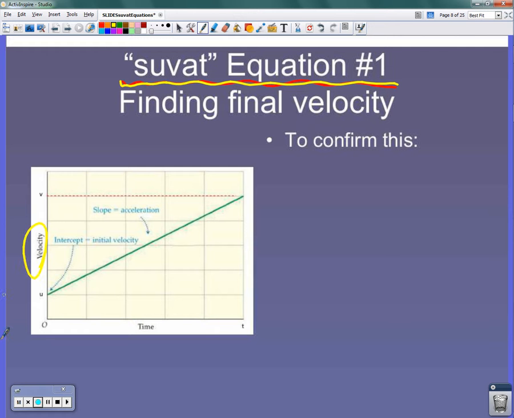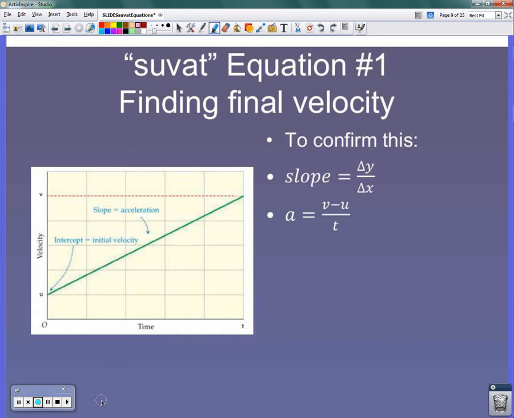Here is a velocity versus time graph. Hopefully you remember that on a velocity versus time graph, the slope of that graph tells us the acceleration. Mathematically, we look at slope as rise over run, or the change on the y-axis over the change on the x-axis.